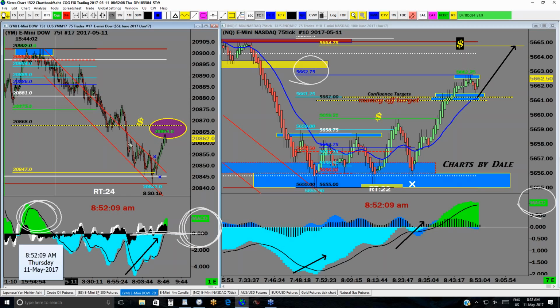So chart on the left, we want to see this stabilize in here and then go to target. Chart on the right, we had that nice little pullback here to the support area that we're looking for. It can come down a little more, it doesn't matter. And then right back up into the resistance area here.